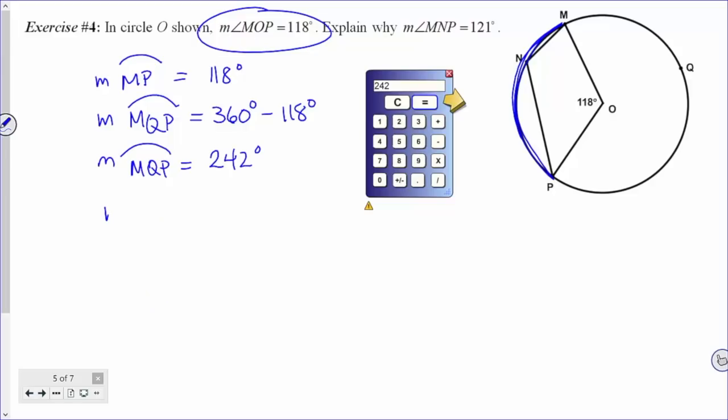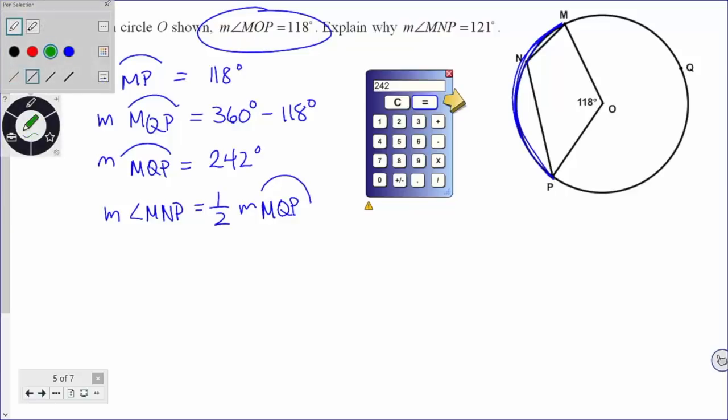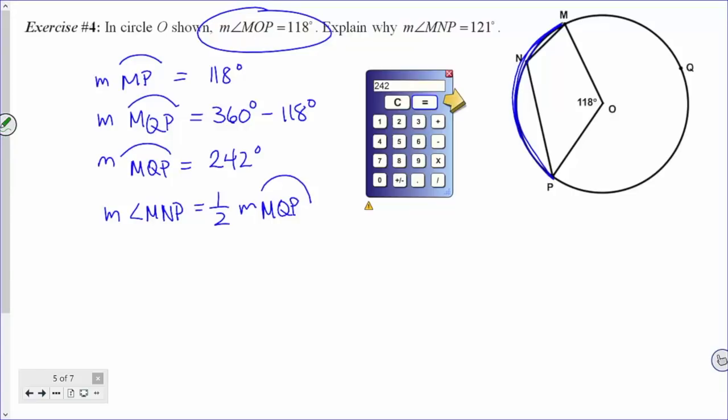But the measure of angle MNP must be 1/2 of the measure of arc MQP, right? Because this angle, let me do it in green, I think it'll help. This angle that we care about, MNP, intersects this arc, right?